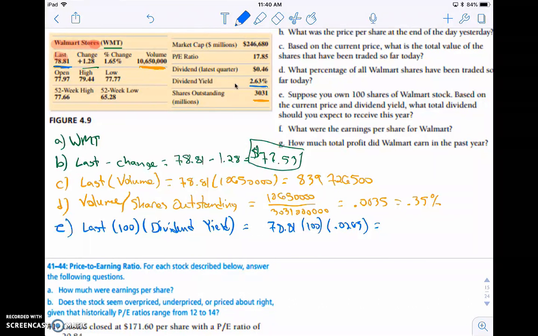So you would expect to be paid out, and of course I didn't calculate this number, so let me get it out for us here real fast. $207.27 is what you would expect to receive this year in dividends if you own 100 shares.